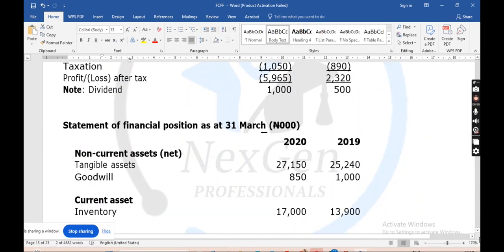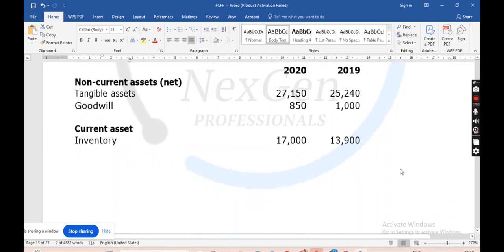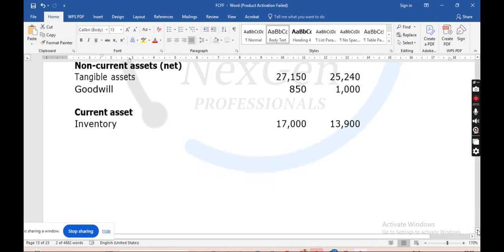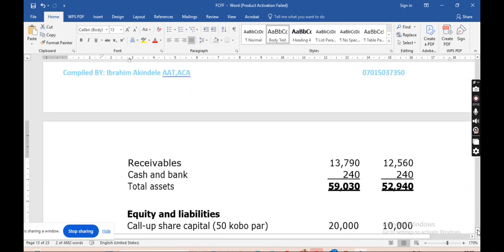So quickly, the current assets, inventory, please pick inventory, 7,000. Have you picked it? Then pick receivable.